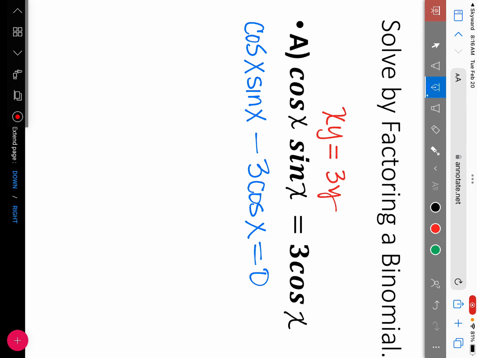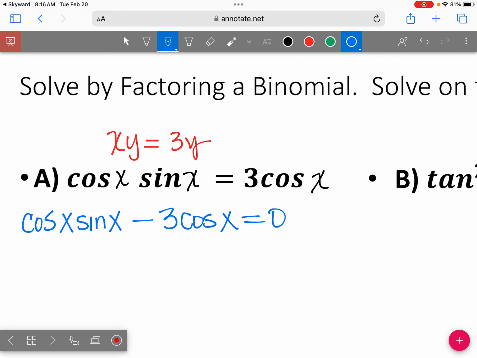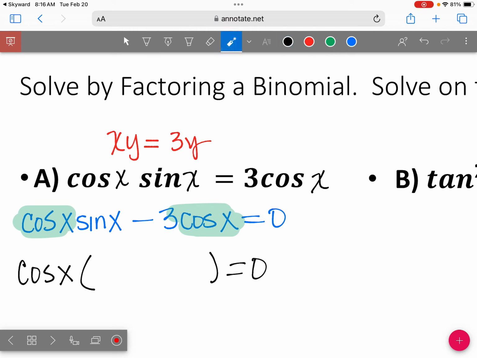So what we're going to do is take out my greatest common factor, which is cosine. And when you take out cosine, that's on the outside. What would be left inside of our parentheses? What didn't we take out?